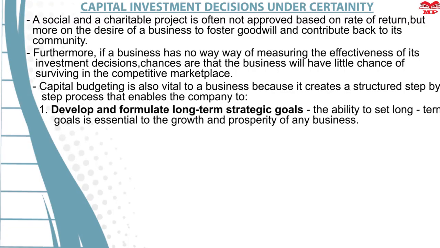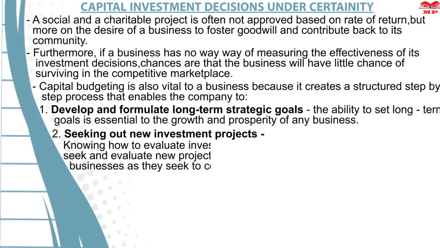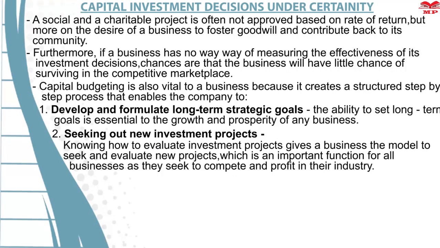Point number two, seeking out new investment projects. Knowing how to evaluate investment projects gives a business the model to seek and evaluate new projects, which is an important function for all businesses as they seek to compete and profit in their industry.